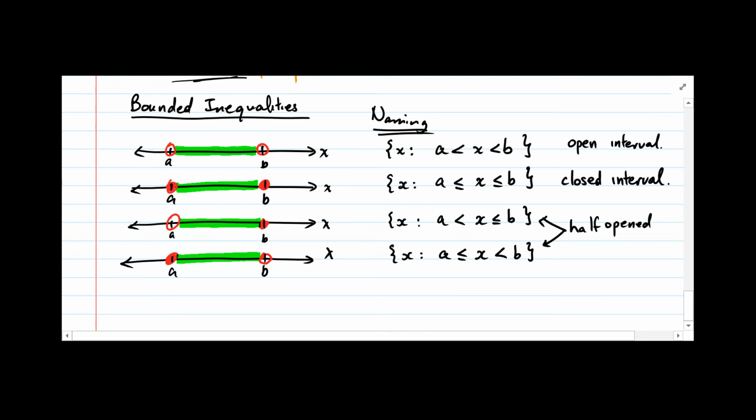I guess, again a student is asking, could it be called half closed? Sure. But the typical thing is half open, and these are the different things that we could have in those bounded type of inequalities.